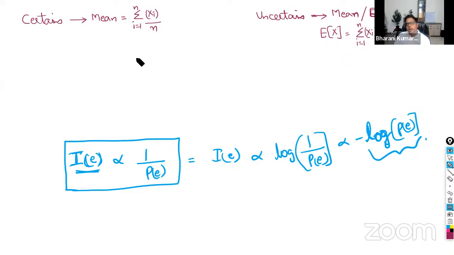For example, if you invest in government bonds, government might say that on an average, you get 8% return on investment. Now that number is certain. Government would give you because they've promised.